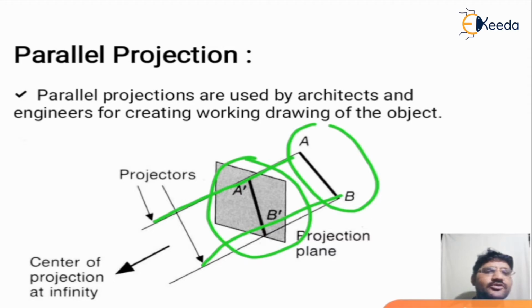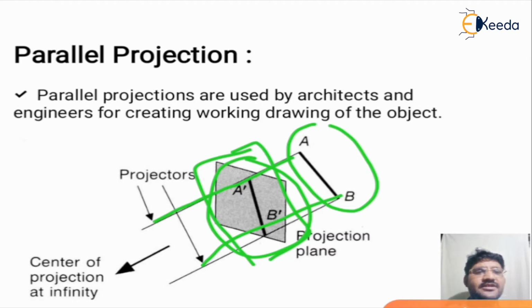Projection lines are also called projectors. In parallel projection, projectors are parallel to each other, and if the projection plane is situated here, then after parallel projection we get the projected line A dash B dash.